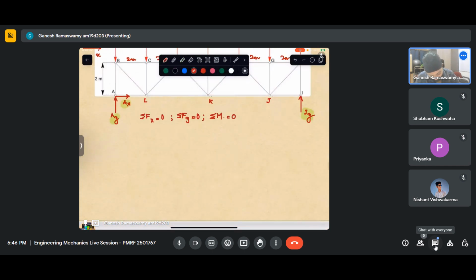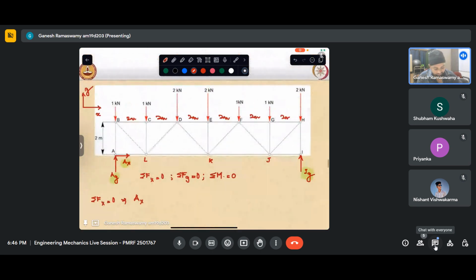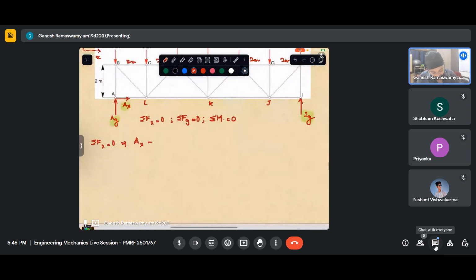If I apply sigma Fx equal to 0, what is it that I get? I have a force Ax pointing in the x direction. And are there any other horizontal forces applied in the x direction? There are none. So essentially, sigma Fx equal to 0 gives me Ax as 0.